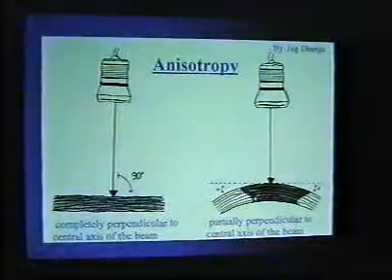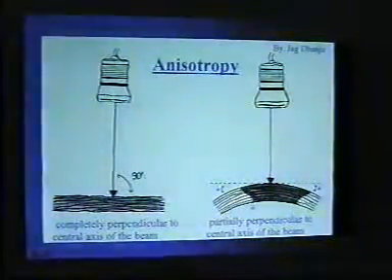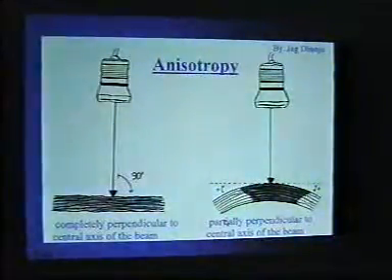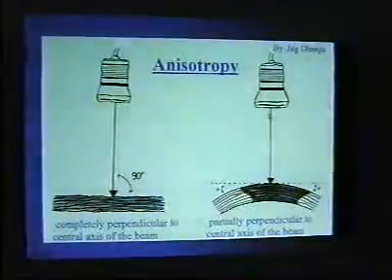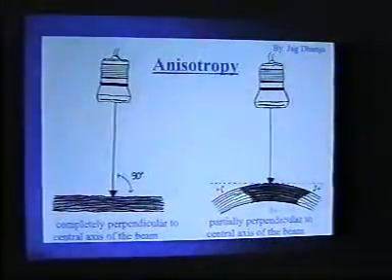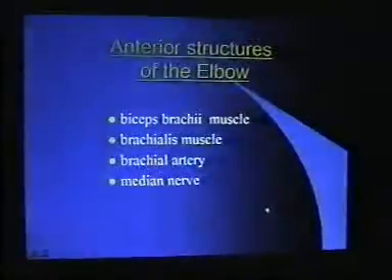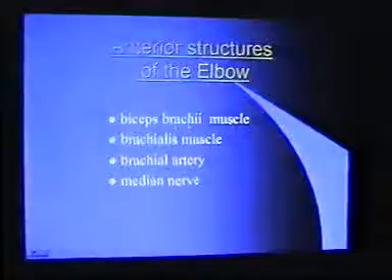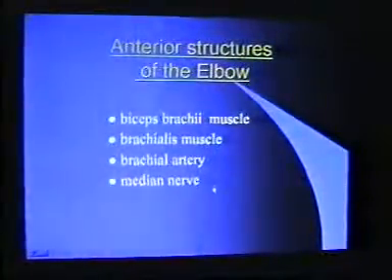But if it is partially perpendicular to the central axis of the beam, or it is a curved structure like the tendon of supraspinatus, then we can get a black shadow here due to the curve. That is called anisotropy. Anterior structures of the elbow include biceps brachii muscle, brachialis muscle, brachial artery, and median nerve.